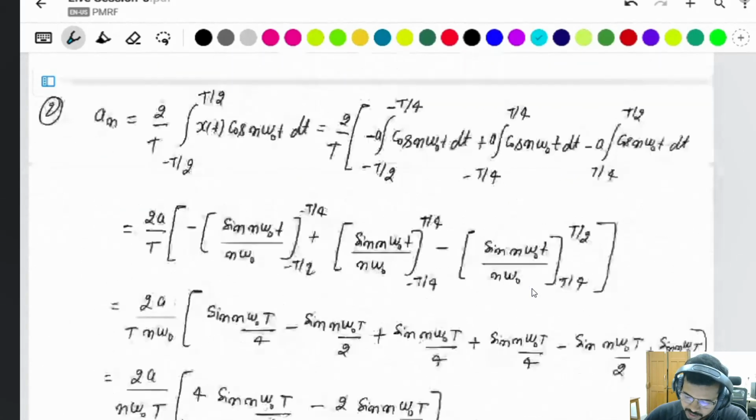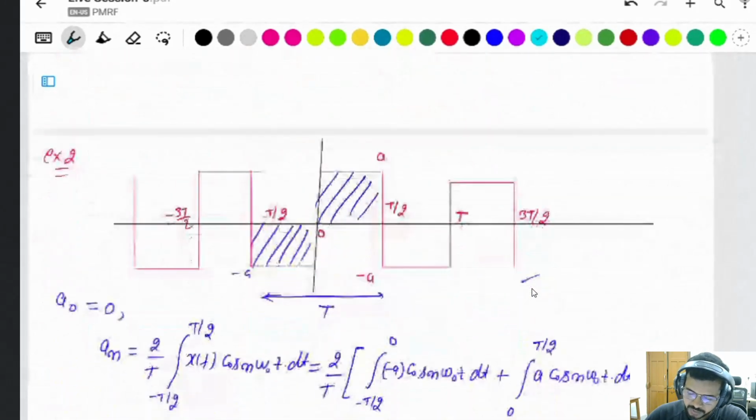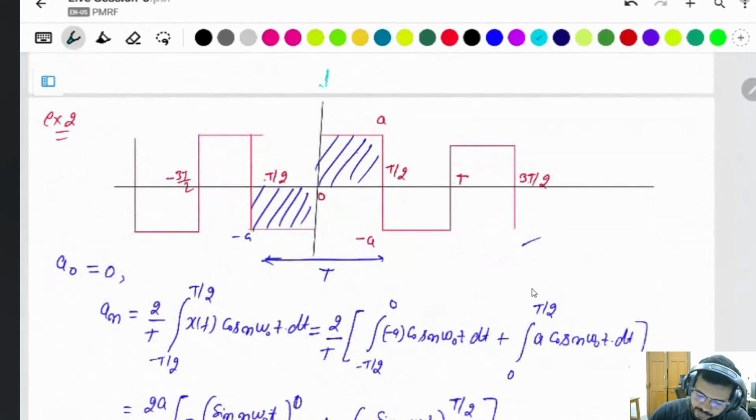But in this case, if you put the mirror here, then this signal will not be the same as this signal, and this signal will be x(t) is equal to minus x(-t). This is a negative of this one. It means the magnitude will be changed.